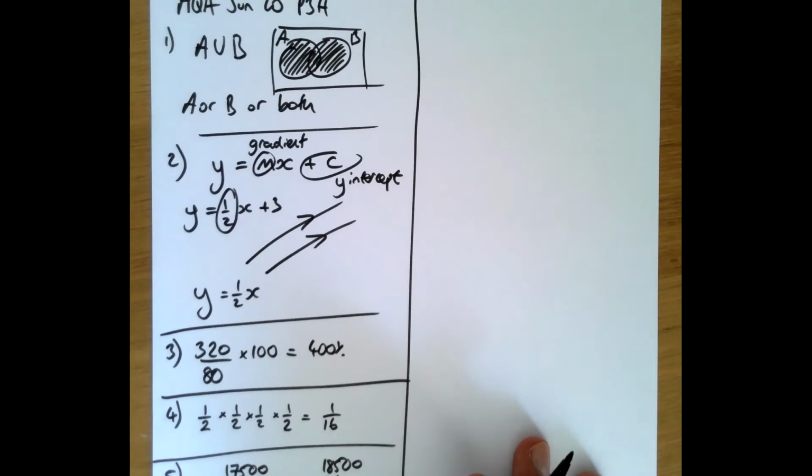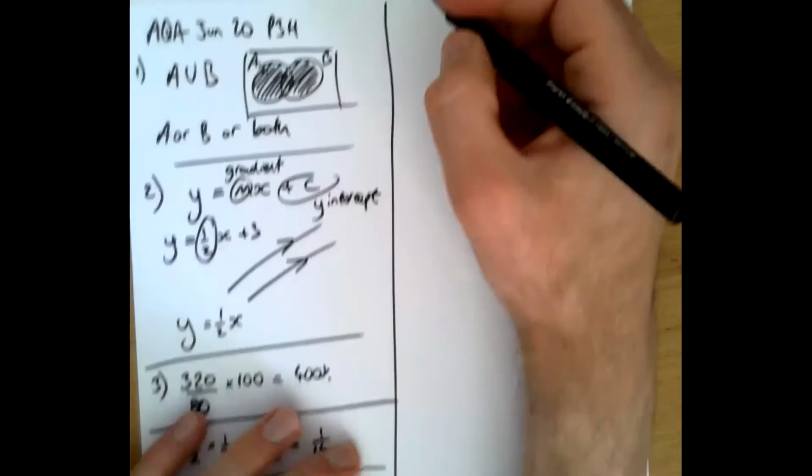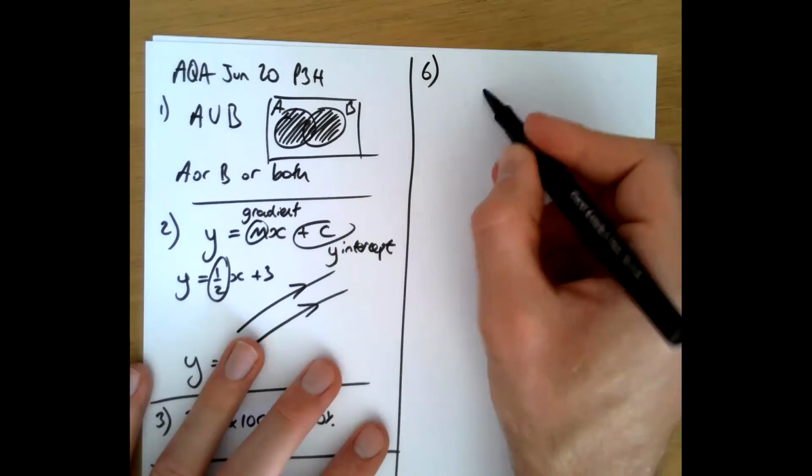Number 6 then. So let's have a look at this one. This one's going to be slightly harder for me to show you, but hopefully you get the general idea. So we've got our quadrilateral that looks something like this.